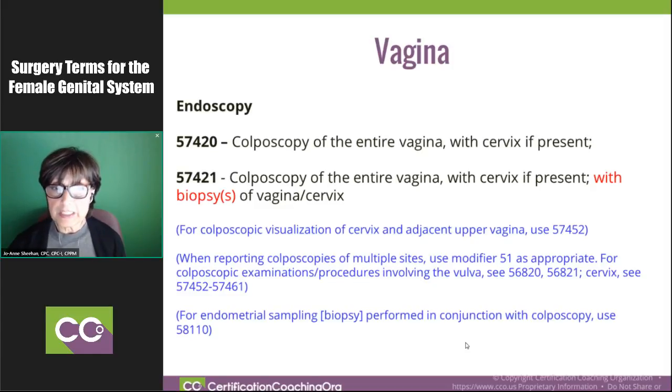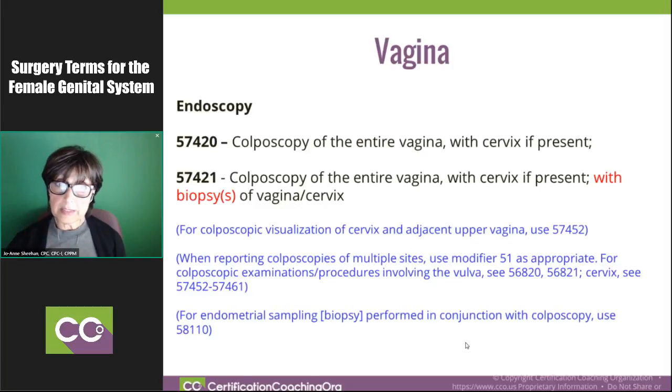When reporting colposcopies of multiple sites, you want to use modifier 51 as appropriate. For a colposcopic exam or procedure involving the vulva, it's telling you to see 56820 or 56821. And if the exam is with the cervix, it's telling you 57452 or 57461.